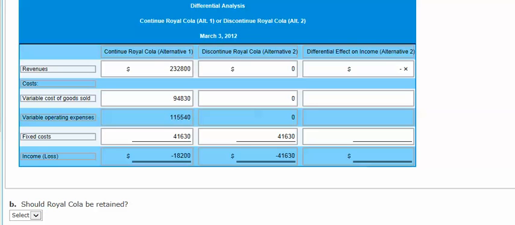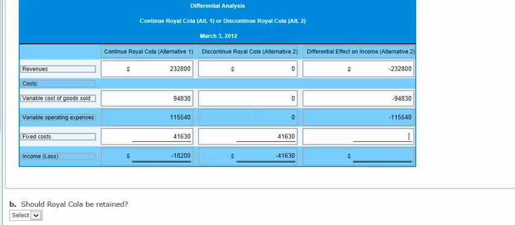And of course we can continue on and transfer these numbers over on the differential. We'd have 232,800 less revenue. Our variable costs would go down by 94,830. Our variable operating expense would go down by 115,540.